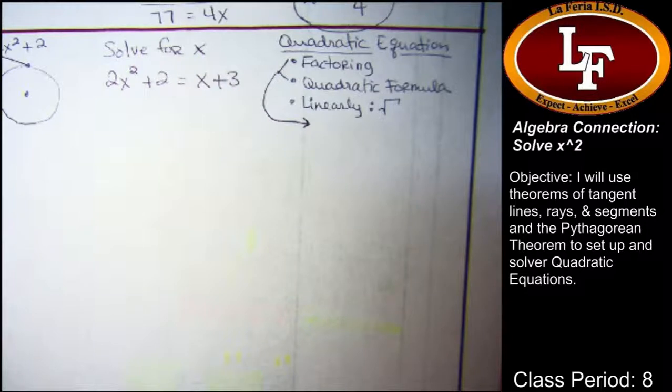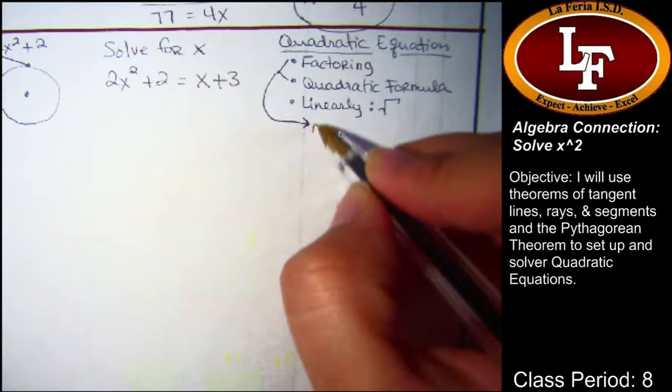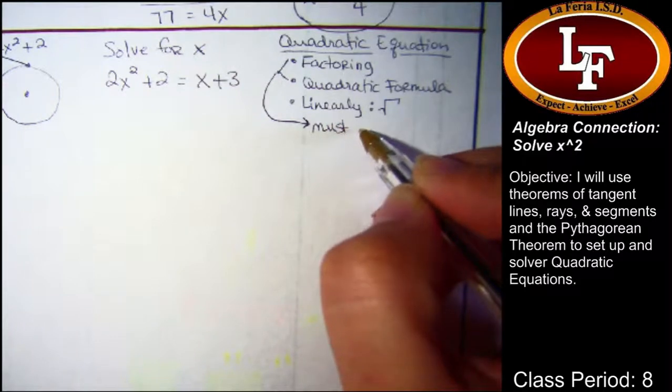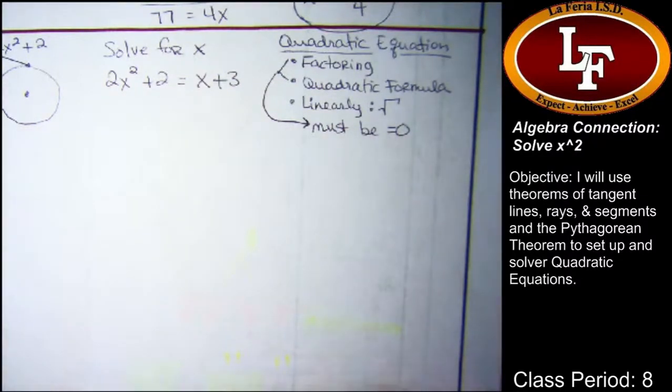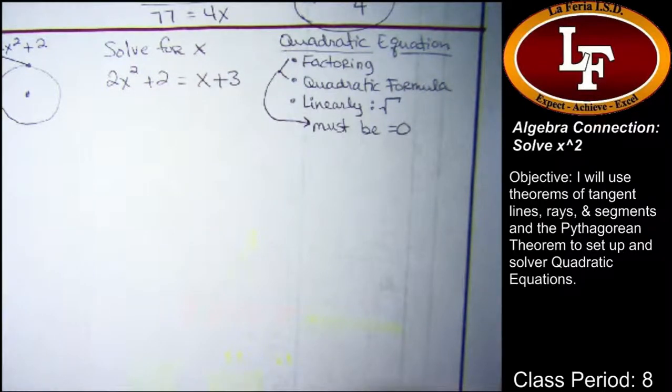Both of these, regardless of which one you use, require that the quadratic equation be equal to 0. If it's not equal to 0, these don't work. This one's not equal to 0, so we've got to do whatever we need to do to make it equal 0. And that doesn't mean just take one side and draw 0 and be done with it.